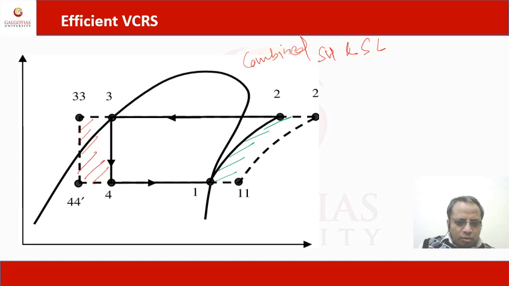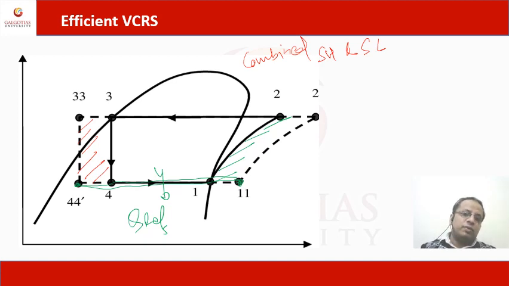So from 4 dash to 1 dash, this major development and this line will give the Q refrigeration. So this combined superheating and subcooling arrangement will give more cooling effect or the higher COP. So this is the special case of the VCRS system.